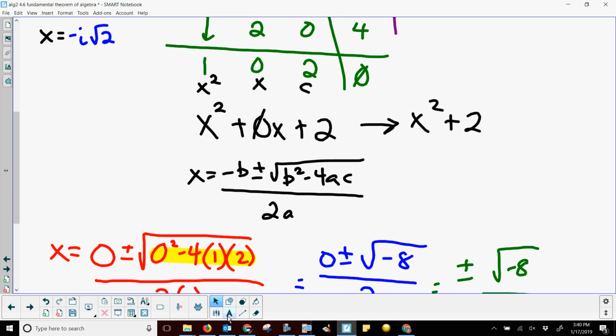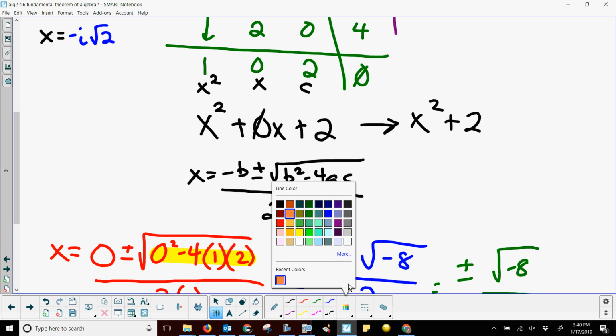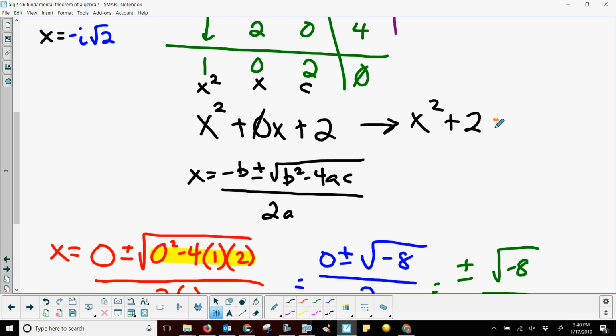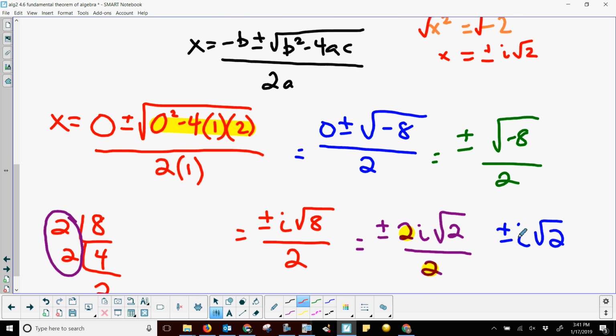But please don't hate me, because honestly, we could have set this equal to 0, subtracted the 2 to the other side, square rooted both sides, and gotten x equals plus or minus the square root of negative 2. So the i comes out and the 2 stays inside, which is what we got.